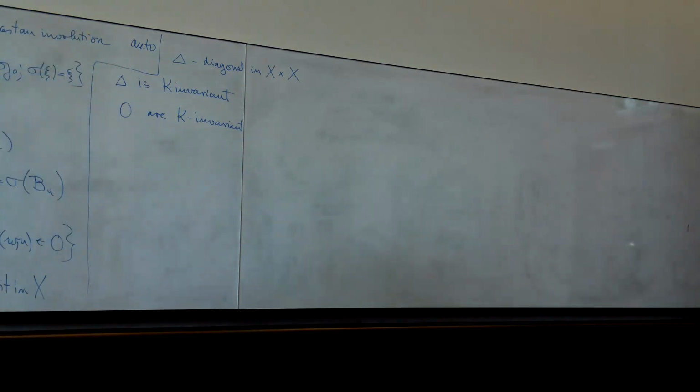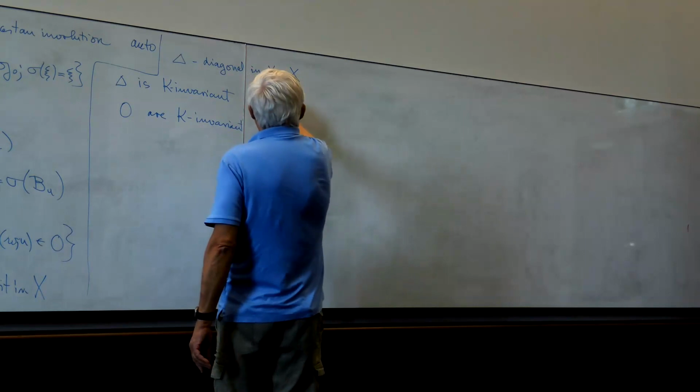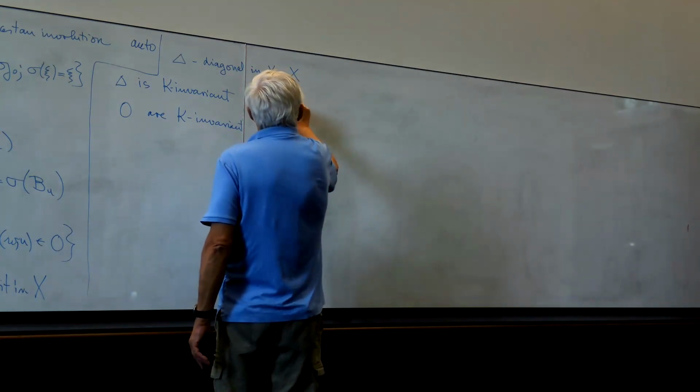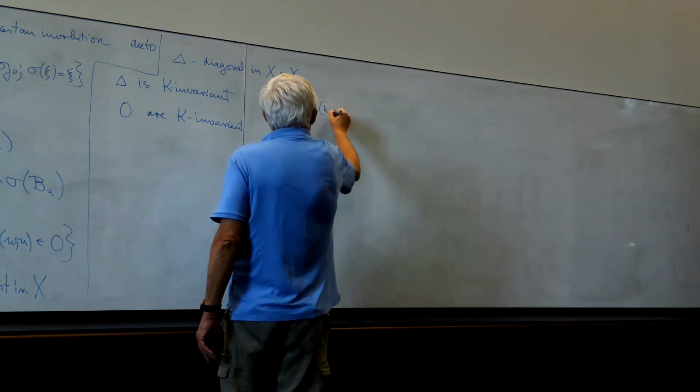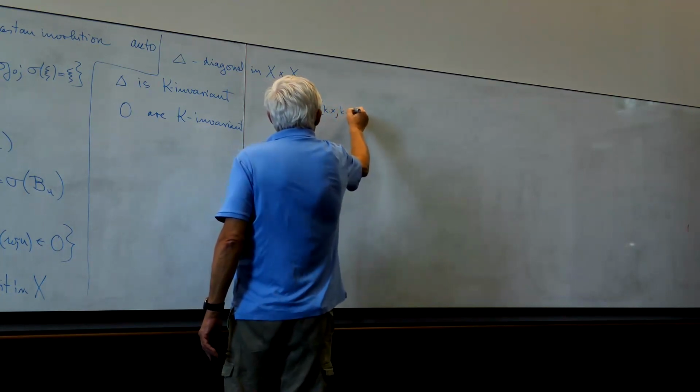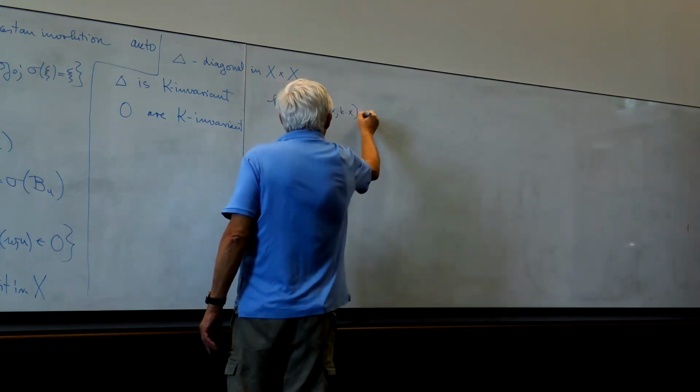So I mean to point out that K on an element of the diagonal acts just as kx, so delta.